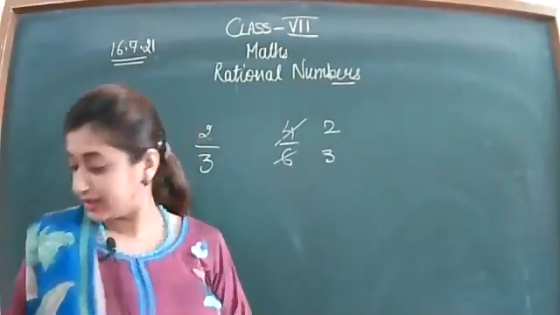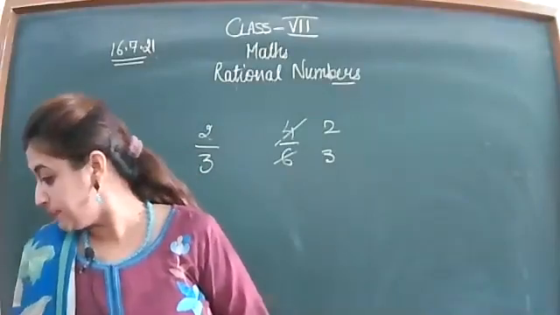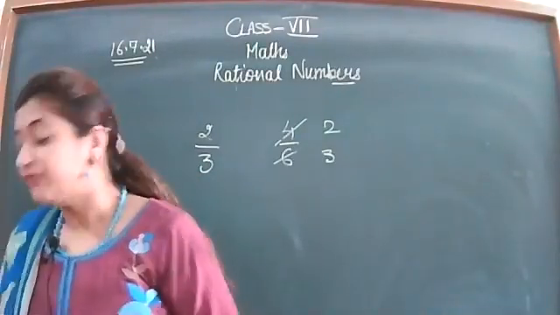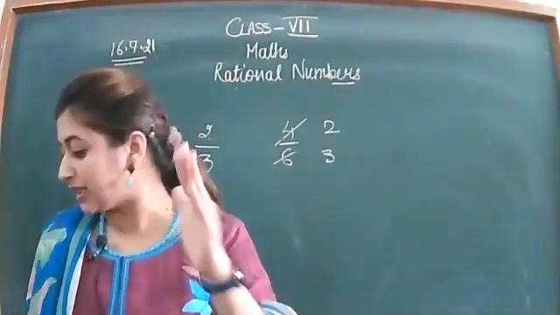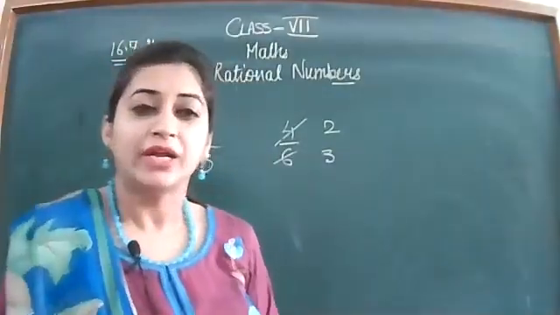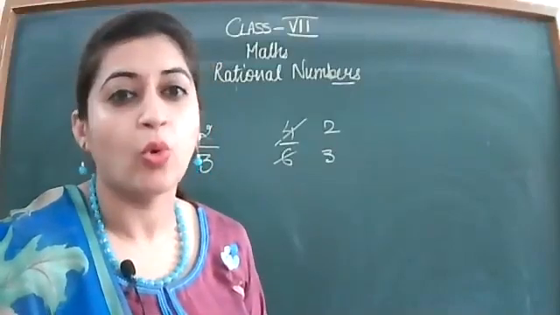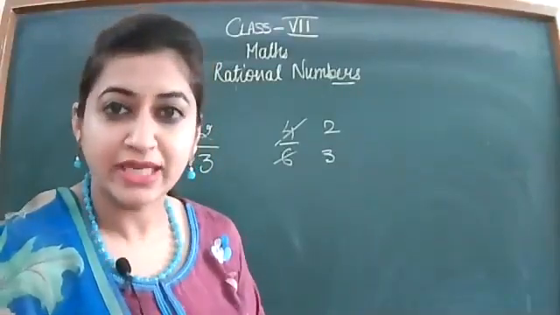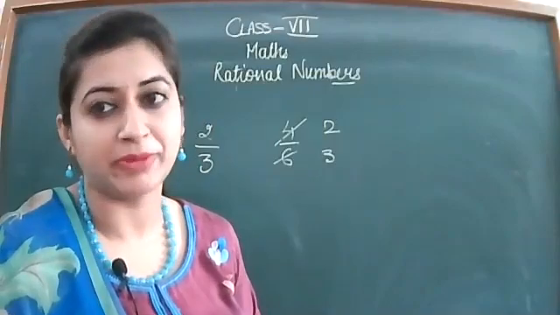Got it? This is written on page number 178, on the top line. A rational number is said to be in the standard form if numerator and denominator have only one common. There should be no number common between them.